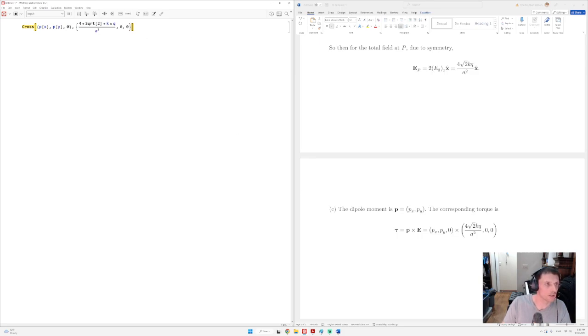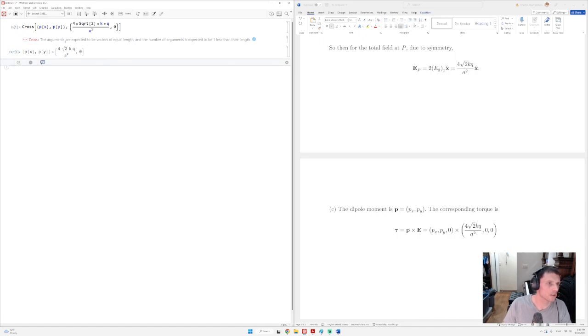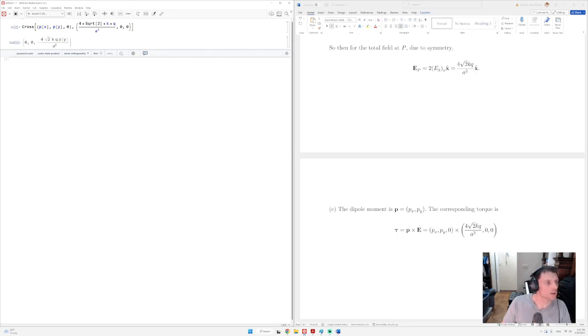Because if I had just written, for instance, two-dimensional vectors for Mathematica to take the cross product of, it's basically saying, what are you doing, bro? So let me just fix that real quick. And there we go. We're gonna find that we have no dependence on the x component actually here.